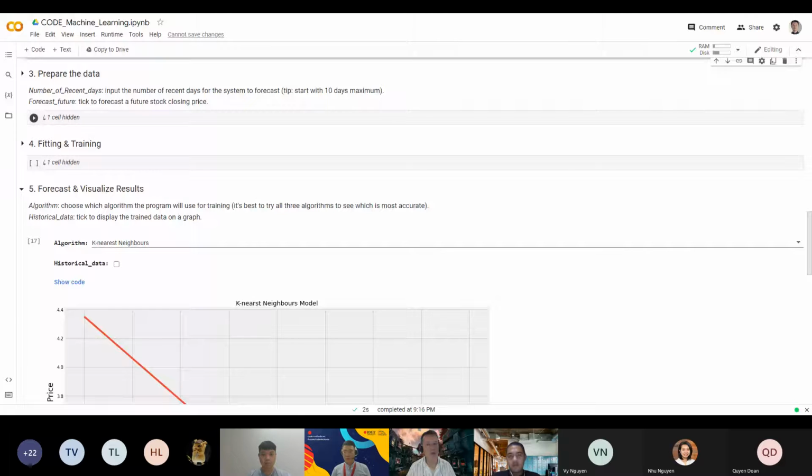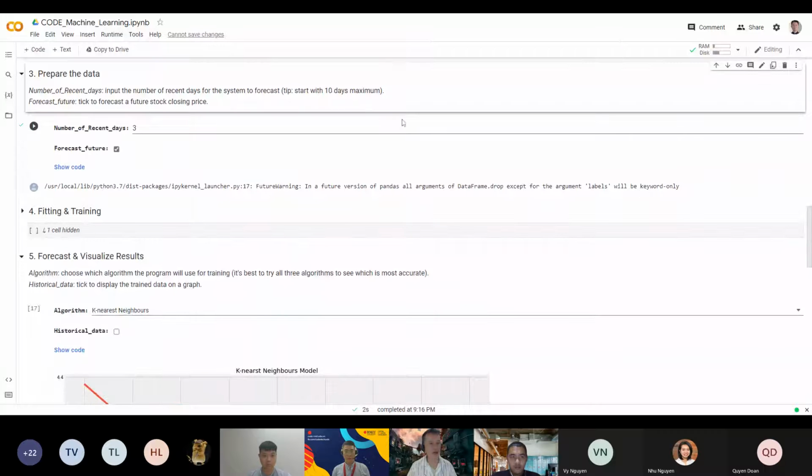But what we can do, if you click on, see this gray bar? So don't press play yet. Click on this gray bar. And I think it defaults to 3. But you can change the number of days that this software is going to try and make its own forecast based on the data.